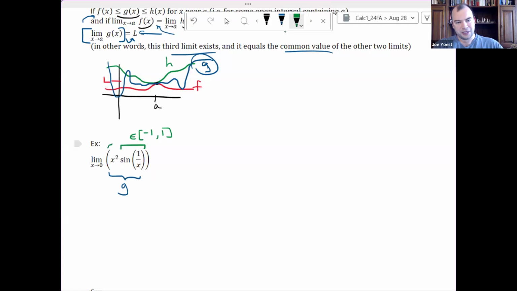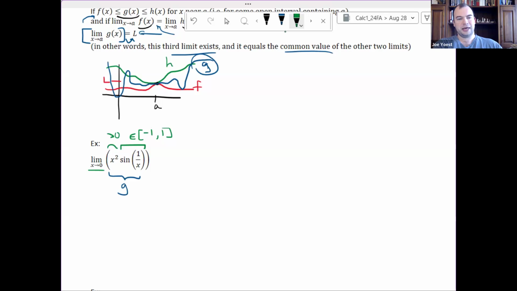I also notice that x squared is always positive, and x squared is strictly positive when x is not 0. So x squared is strictly positive. The sine function is stuck between -1 and 1, inclusive of the endpoints.